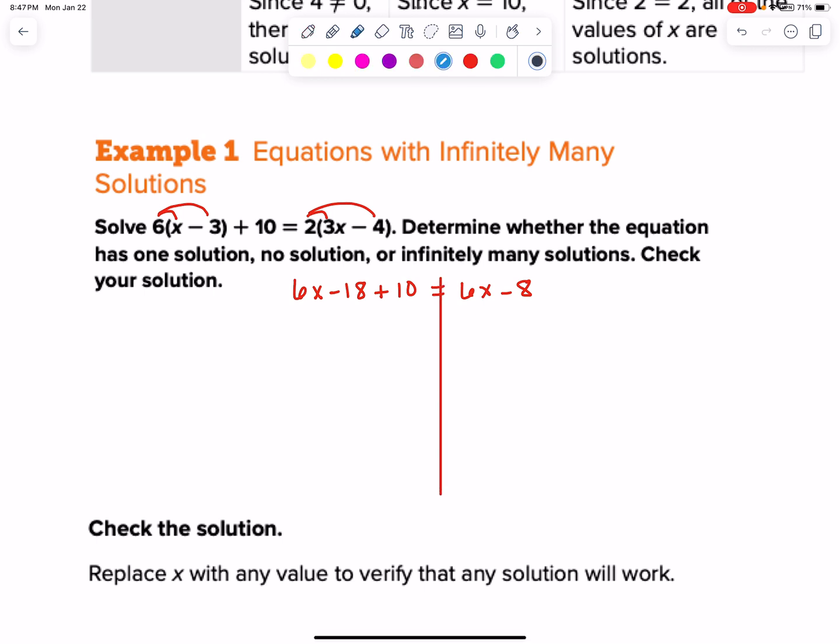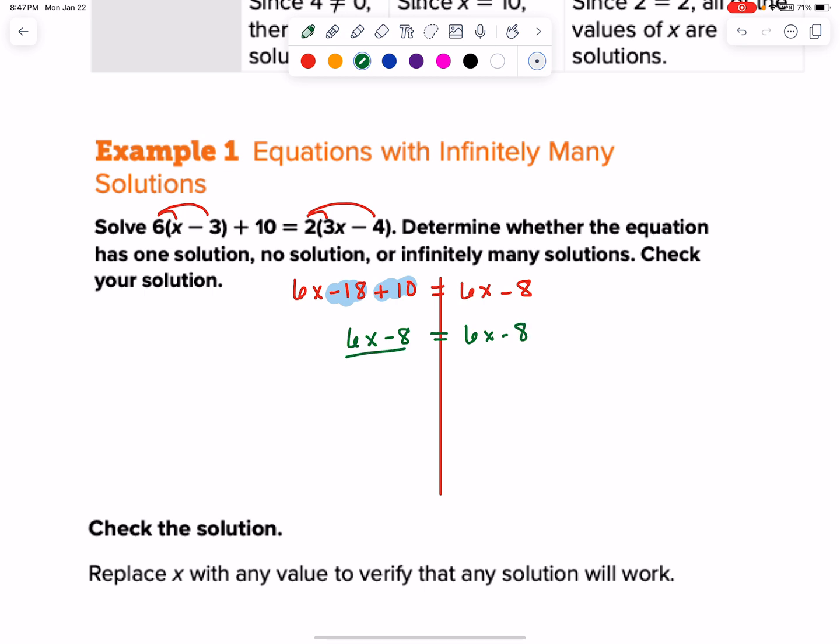Let's go ahead and separate our workspace. Okay. Now we know that the next step, this is nothing different than we've done, is to combine like terms. Okay. There's no combining like terms on the right side. All right. Let's go ahead and do our rewrite. So we have 6x. And then different sign, subtract, keep the sign of the bigger number, then you'll be exact. Minus 8 equals 6x minus 8.